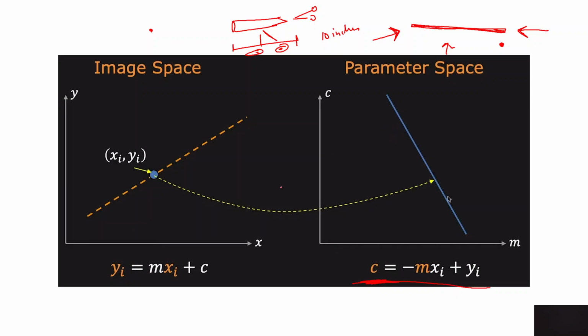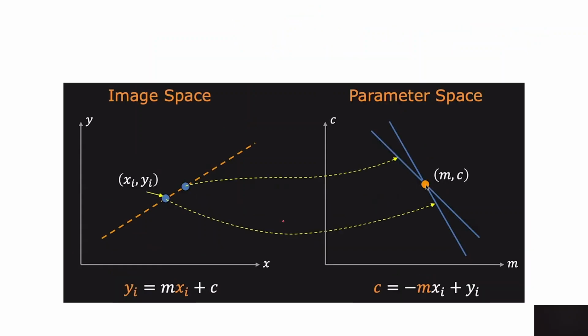Now if we consider more points, for example, all these points, we'll be able to see that there are some more lines. But you can see there is one pattern. There are multiple points, and when we see these points in parameter space, we can see that there are straight lines.